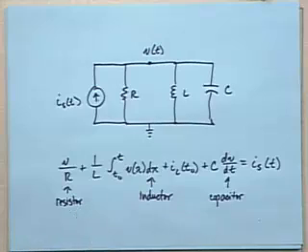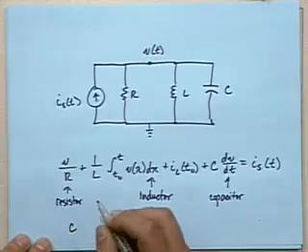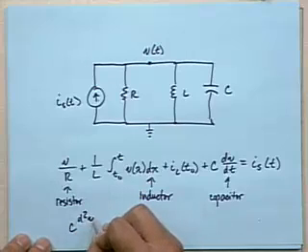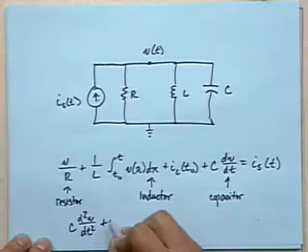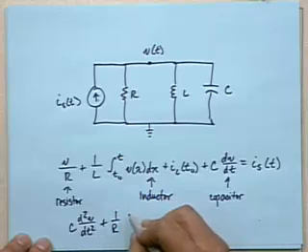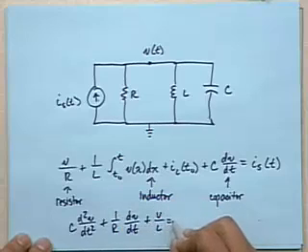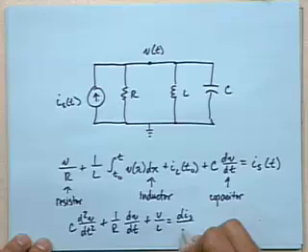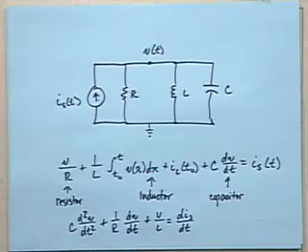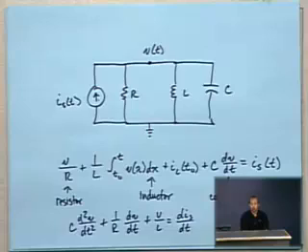If you rearrange the terms, what you get is C times d squared V over dt squared, plus 1 over R dV/dt, plus V over L, equals di_s/dt. So that hopefully looks like a fairly straightforward second order differential equation.